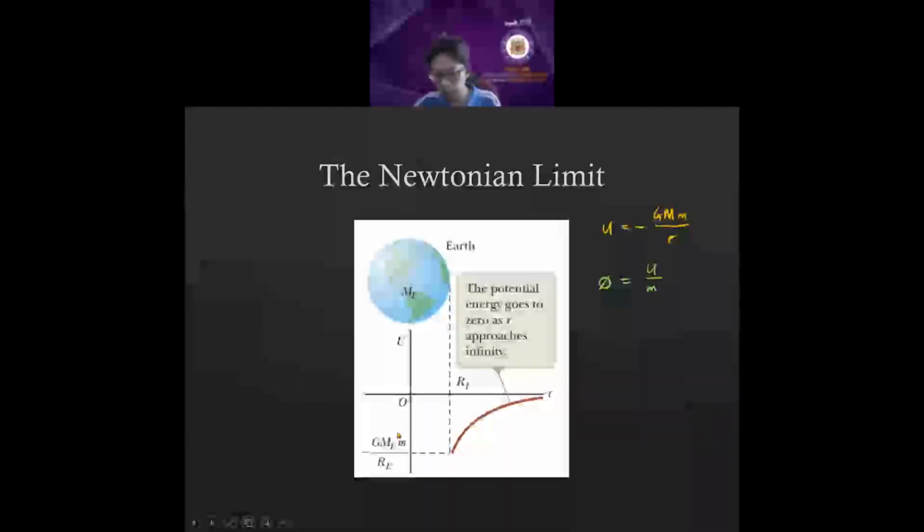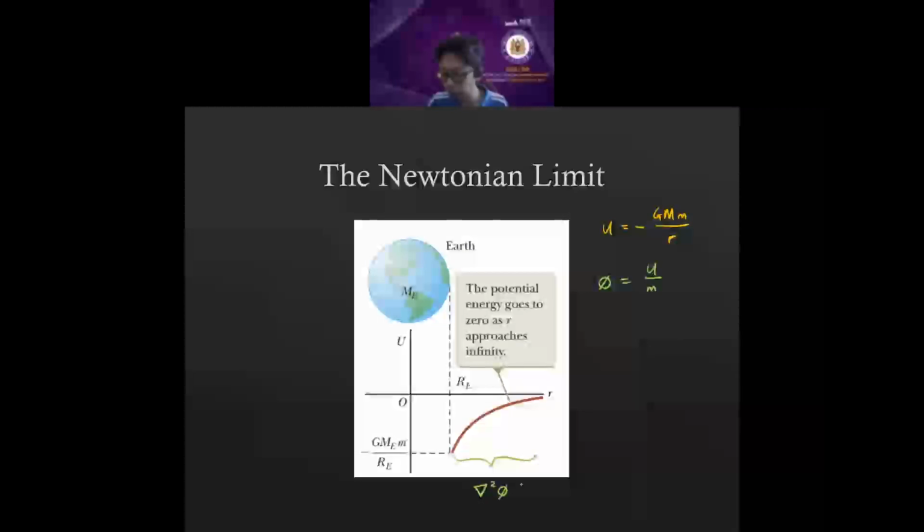In this region, the potential is described by this so-called Laplace equation, because we have only a vacuum outside the Earth, so the matter density in this region is equal to 0.